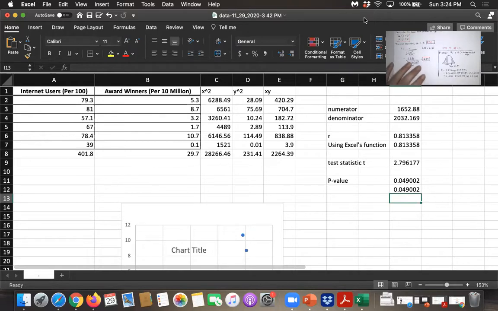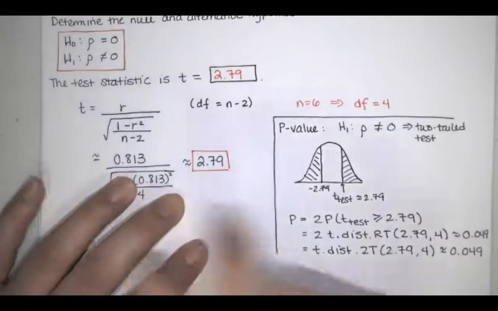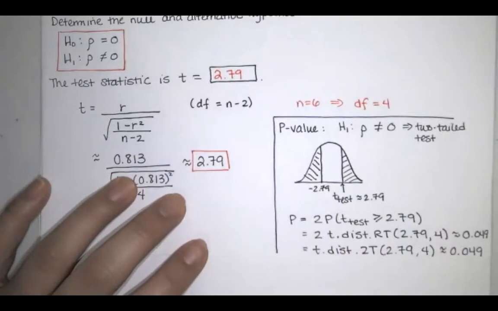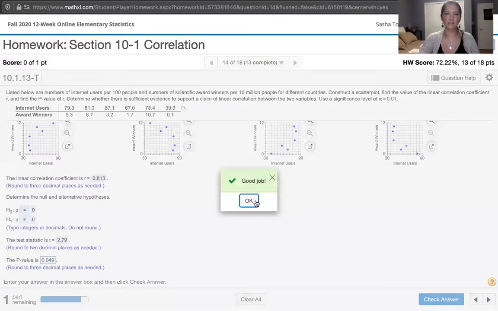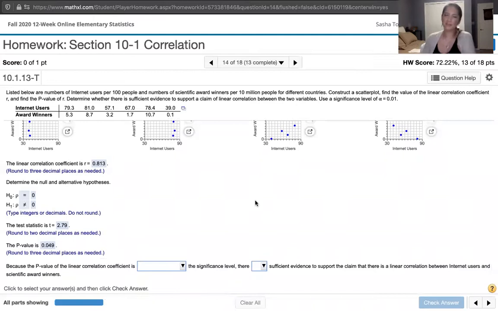Let's enter that in MyLab statistics and see if they like this value. So I have 0.049 here. Okay, great. And then we want to compare that p-value to our alpha value. Remember, p-values are probabilities. They're associated with area under the curve for a probability density function.